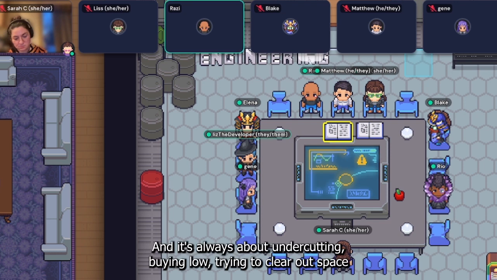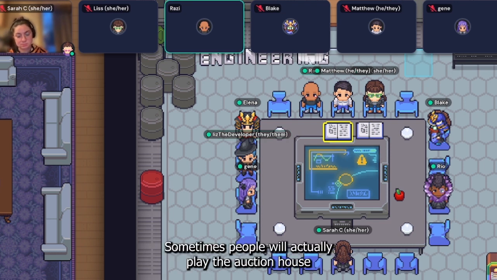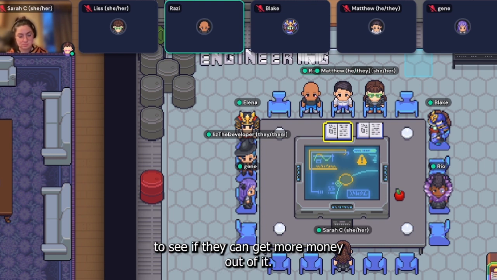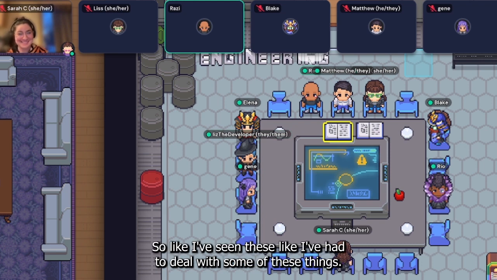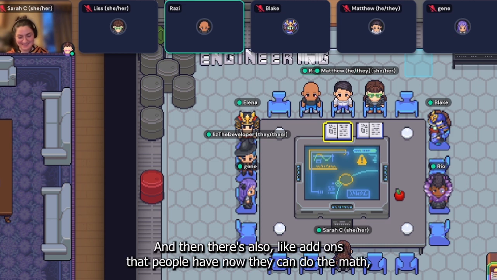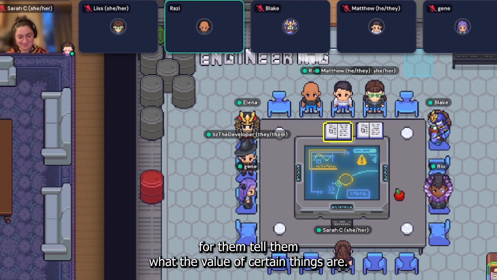Mm-hmm. And it's always about undercutting, buying low, trying to clear out space. Sometimes people will actually play the auction house to see if they can get more money out of it, trying to control one item, like a supply line. I've tried that in the past with World of Warcraft, so I've had to deal with some of these things. And then there are also add-ons that people have now that can do the math for them and tell them what the value of certain things are.